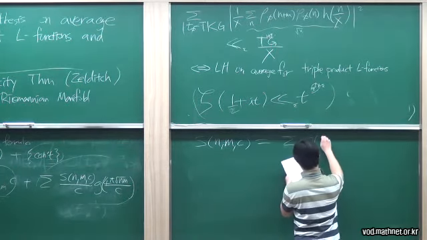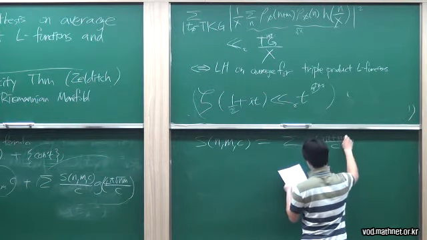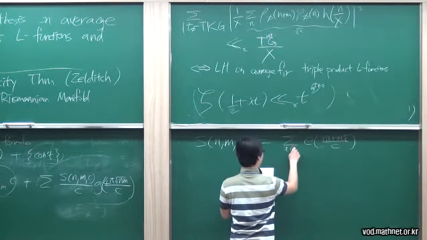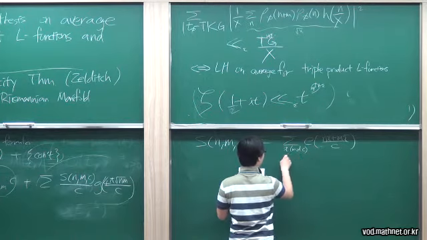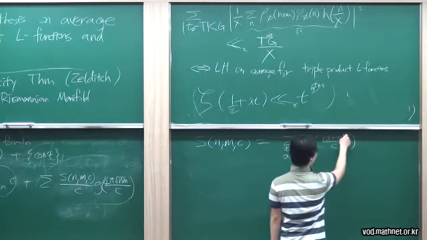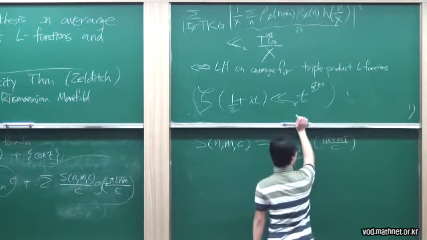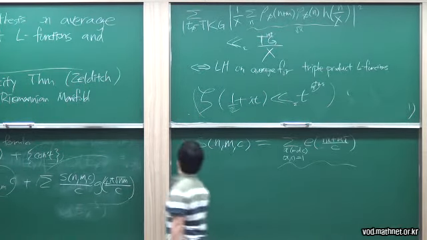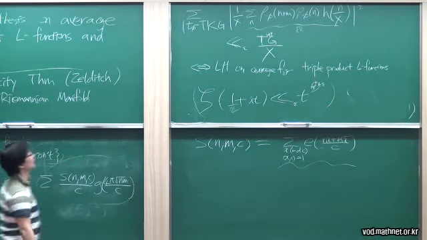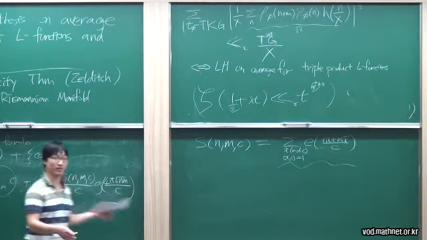So S of m, n; c is the sum over x modulo c, where x and c are coprime, of e of (m x plus n x bar) over c. And this x bar means the multiplicative inverse of x mod c. So this is the Kloosterman sum, and if you apply this formula to that shifted convolution sum, then you'll be getting a bunch of Kloosterman sums.